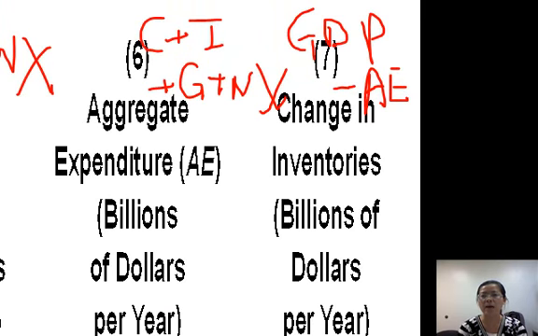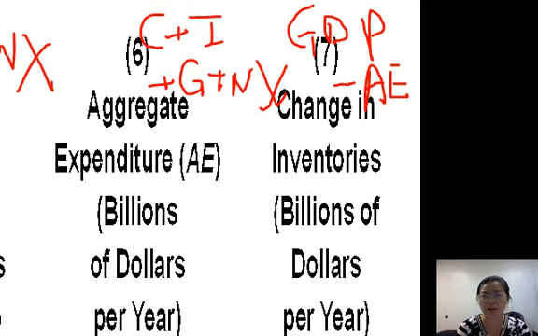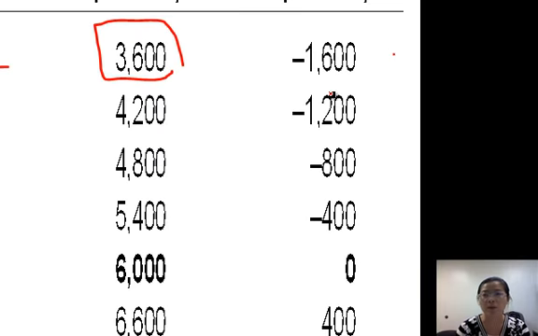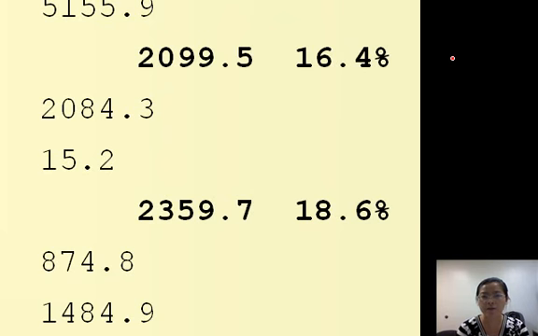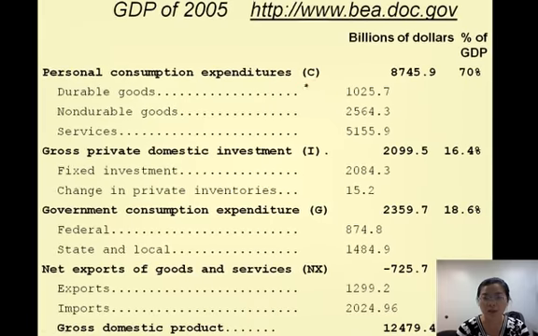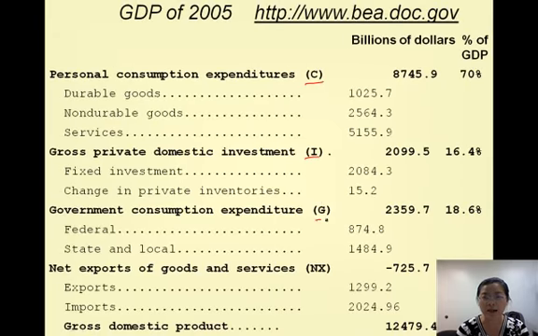So you might ask, what is the difference between GDP and aggregate expenditure? Remember when we learned chapter 5 about GDP, GDP includes these 4 components: C, I, G, and net exports.